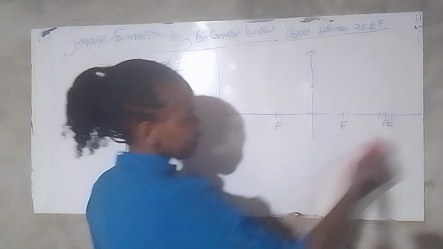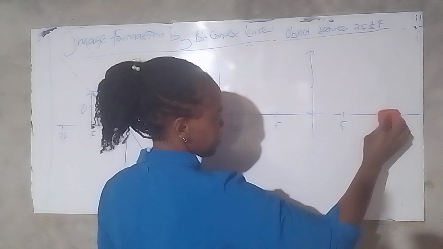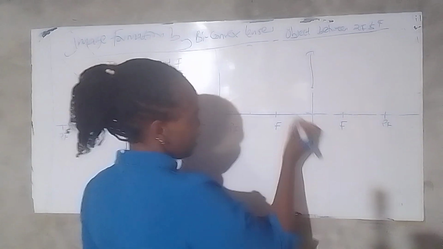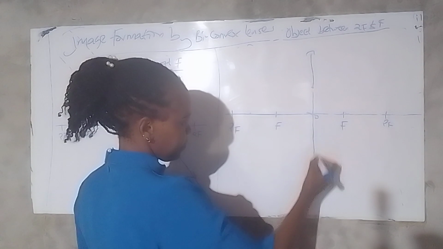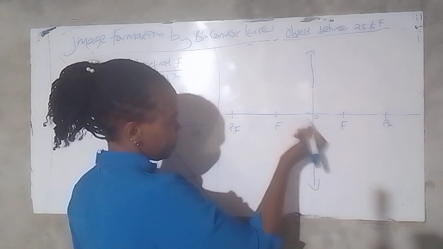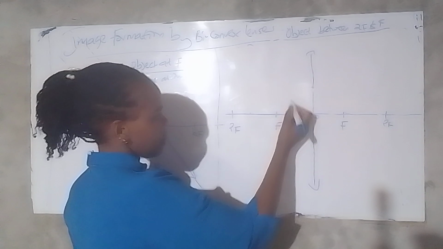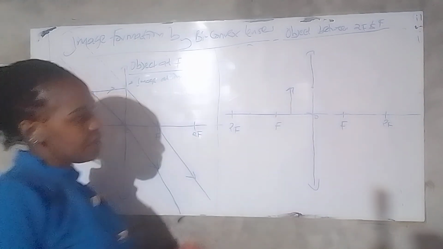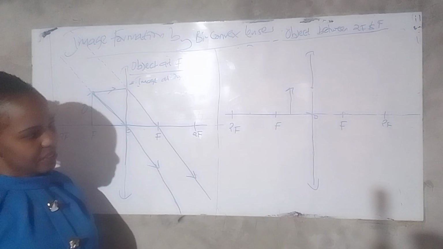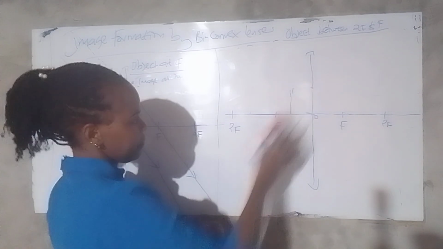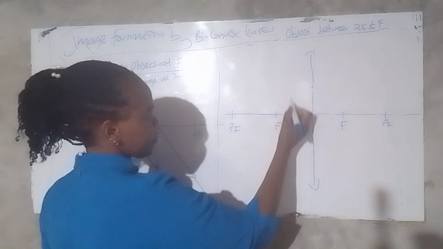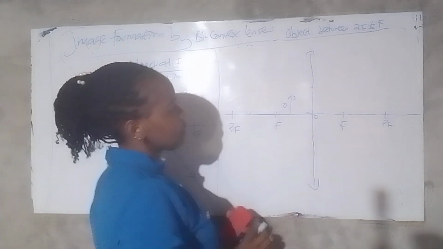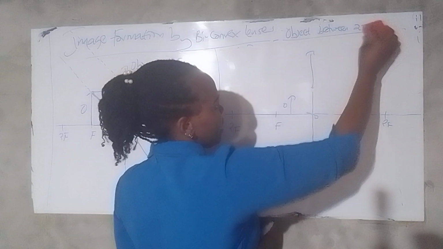So let's put the object between this optical center and this our F. So what if I put the object between my F and my optical center? Let's make it a bit smaller. That's our object. So object between F and O.